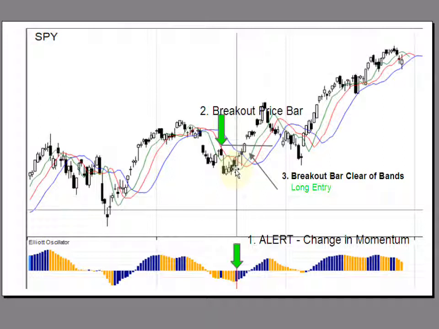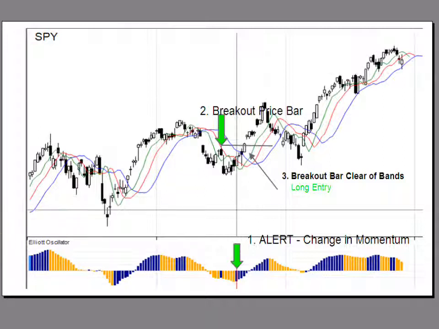We do nothing until price breaks out above the high of the breakout price bar. And if it's clear of the breakout bands, then we have a valid entry signal. In this video, we're not covering stops or exits, simply the basic elements of entry.